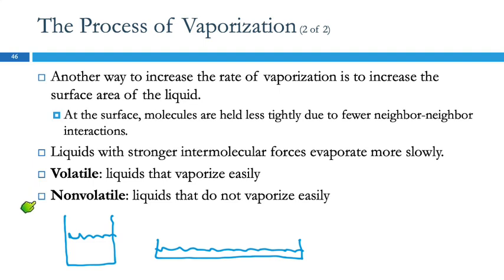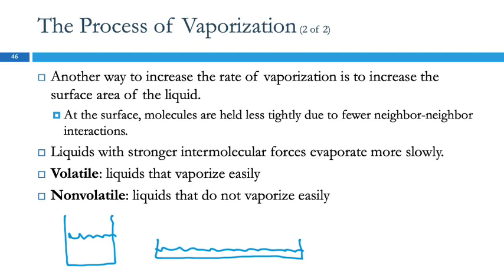We have qualitative terms for this, volatile and non-volatile. So a volatile liquid is one that vaporizes easily. Non-volatile is one that does not vaporize easily. So if you think about something like nail polish remover or rubbing alcohol, like, maybe you need to get an immunization, they take a little piece of cotton and rub alcohol on your skin to sterilize it before they give you the injection.